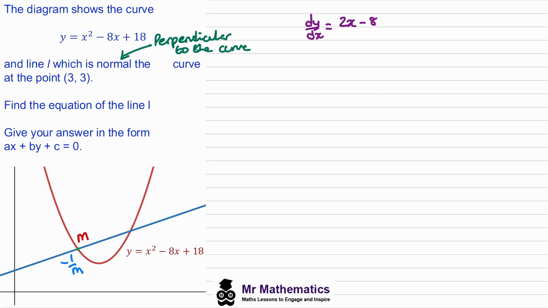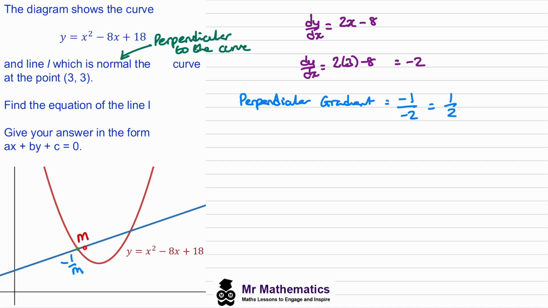And we need to find the gradient at the point (3, 3). So we'll substitute x equals 3 into our gradient function. So dy by dx will be 2 lots of 3 minus 8. So this will be negative 2. So the gradient of the perpendicular will be negative 1 over negative 2, which gives us positive 1/2.